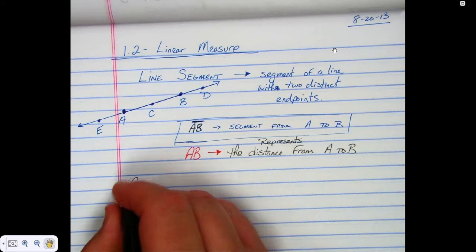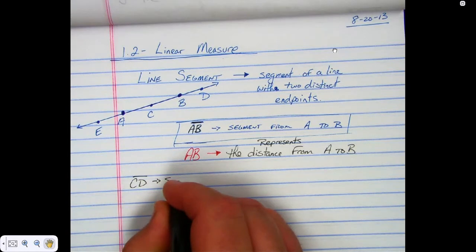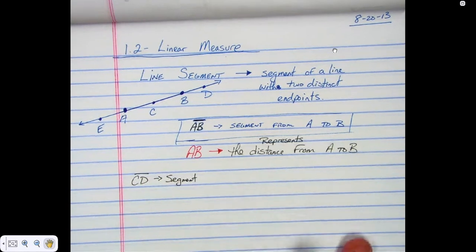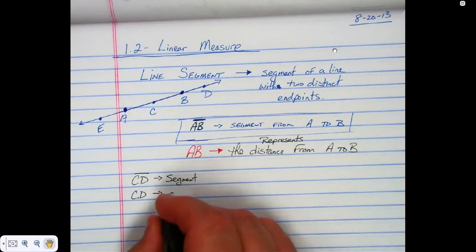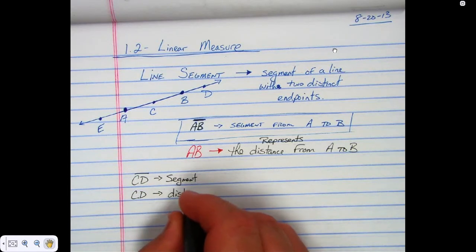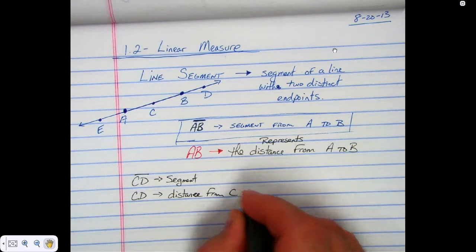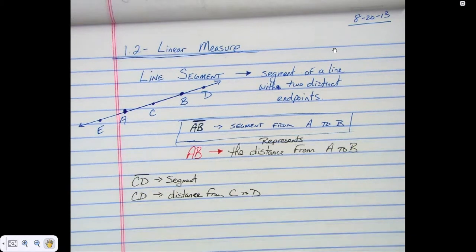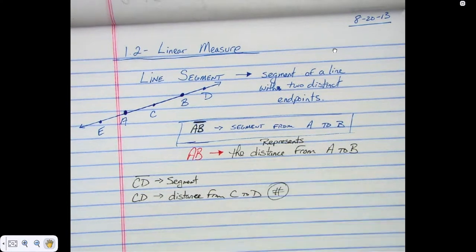If I wrote CD and put a segment bar above it, I'm talking about a segment. Correct? I take CD without anything above it, I'm talking about the distance from C to D. This is a picture. This is a number, right? Centimeters, inches, and so on.